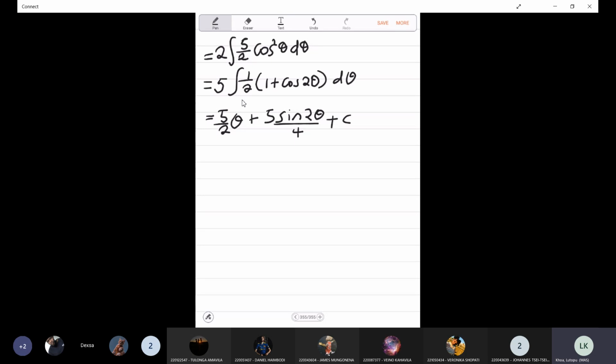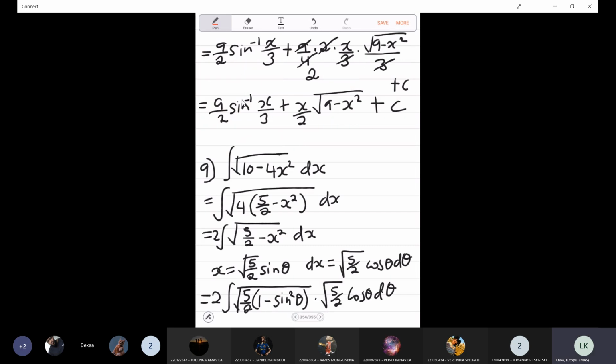Then rewriting in terms of x, so we say that x is equal to the square root of 5 over 2 sine theta. This means that theta is sine inverse of x over the square root of 5 over 2.